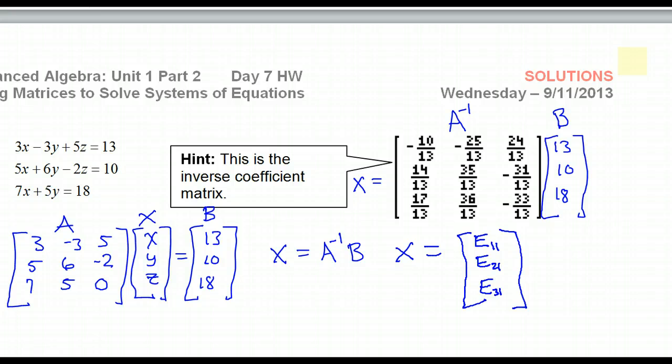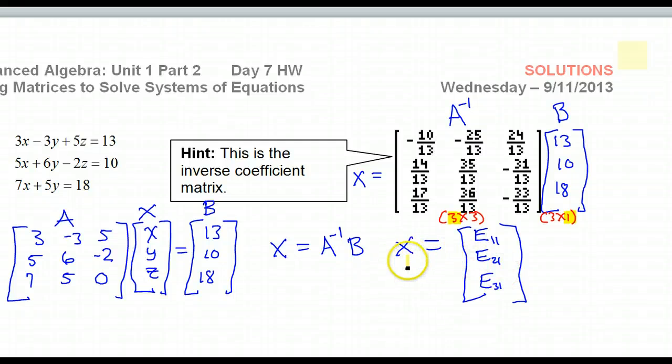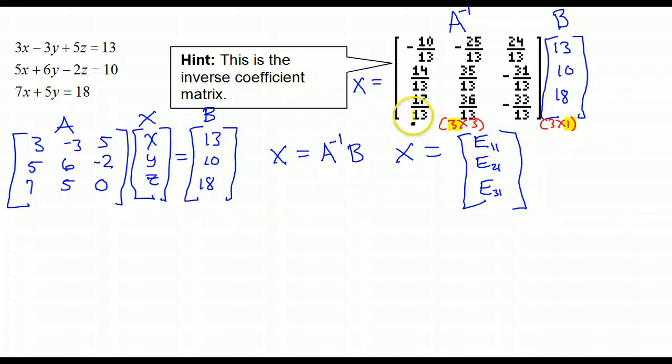And just in case you forgot, the reason why I know this is because this is a 3 by 3 matrix, and this is a 3 by 1 matrix. So the result when I multiply comes from the outer dimensions. So that's how I knew it would be a 3 by 1 matrix. So all I need to do is find these 3 elements. And you know how to do that.